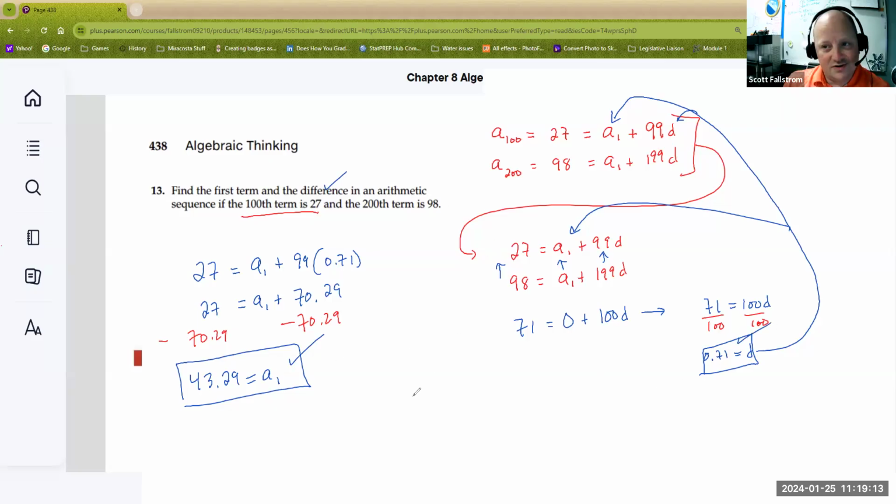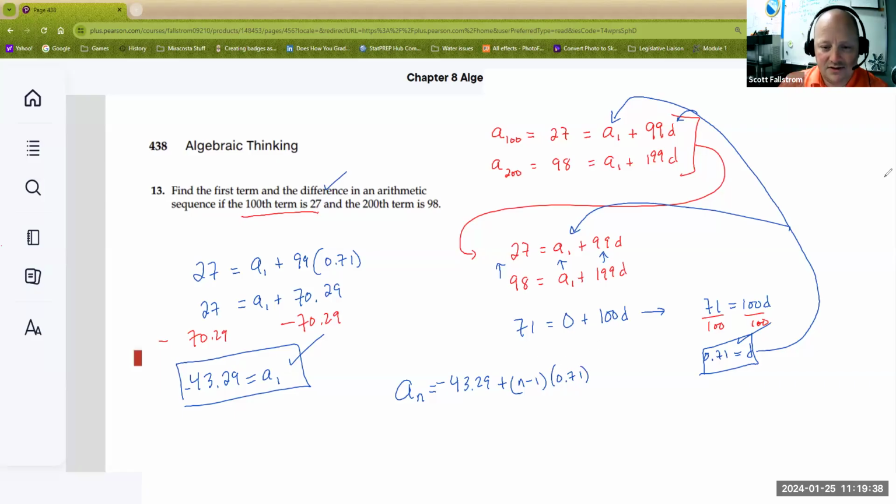Now, if you want to check yourself, and I encourage you to check yourself, my general term would be negative 43.29 plus n minus 1 times 0.71. If you want to simplify that, you can.